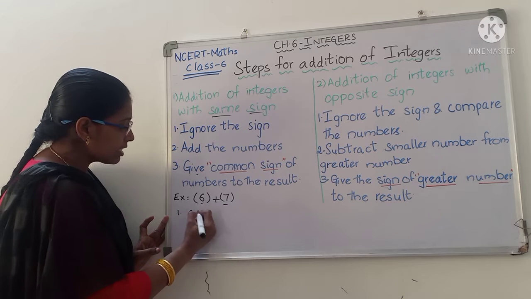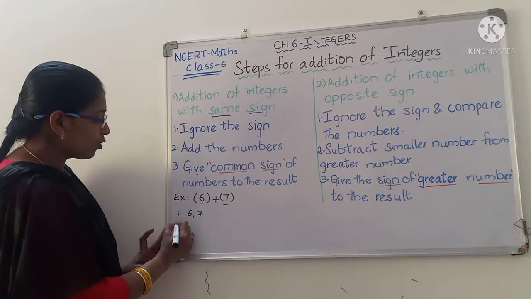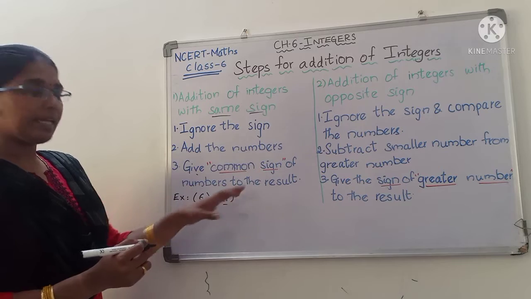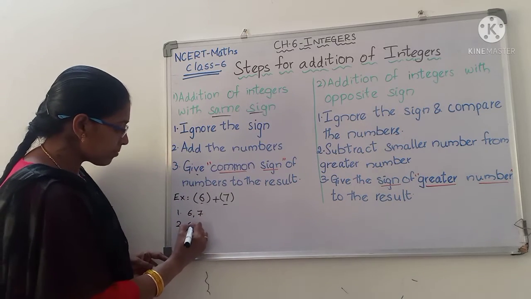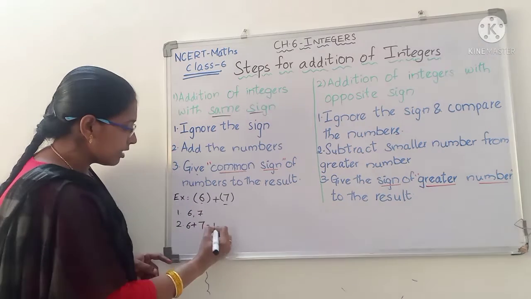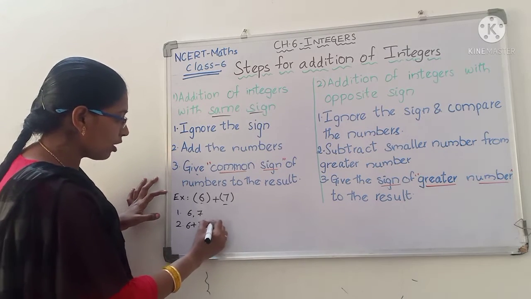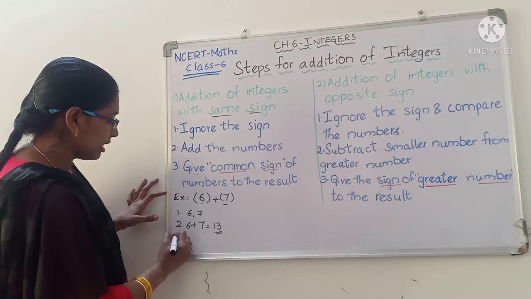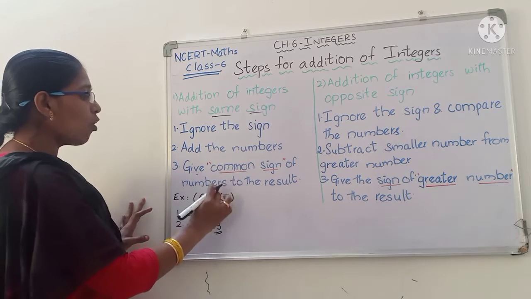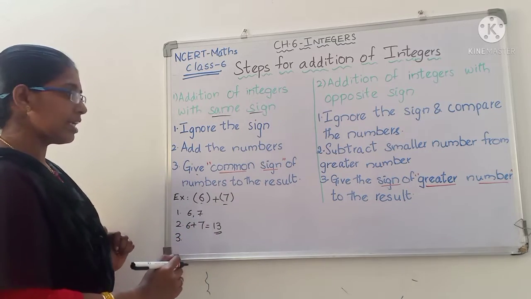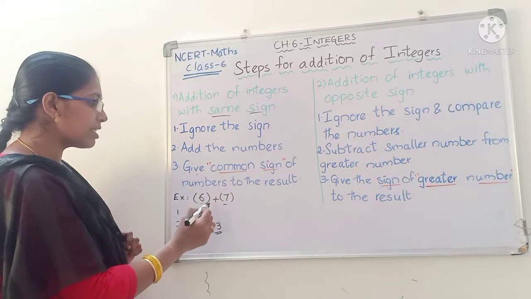The numbers are 6 and 7. We ignore the sign. Then add the numbers. You just add the numbers. 6 plus 7 is 13. Then in the third step, the result you got in the second step is 13. In the third step, give the common sign of the numbers to the result. What is the common sign of the numbers given?